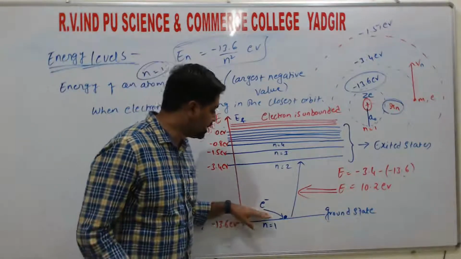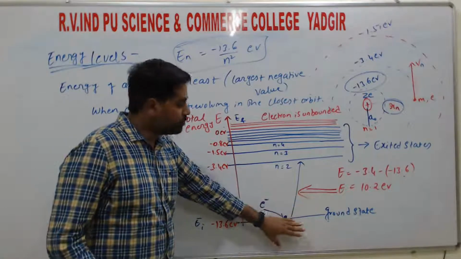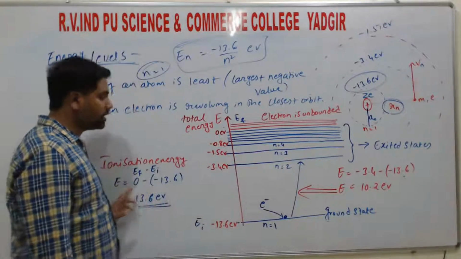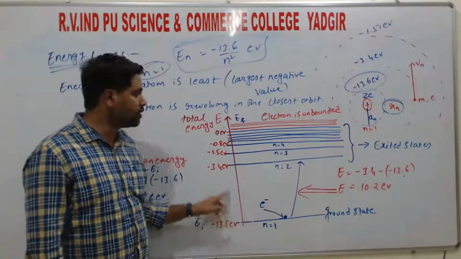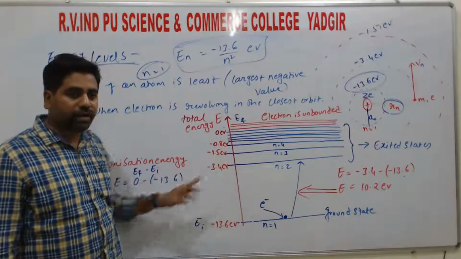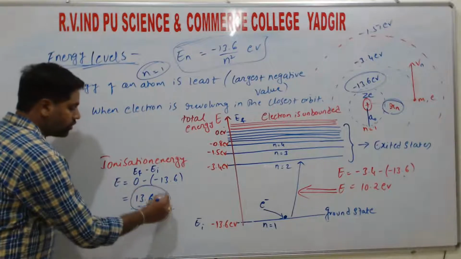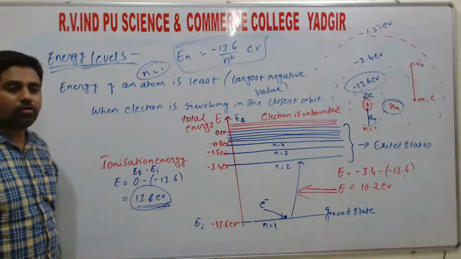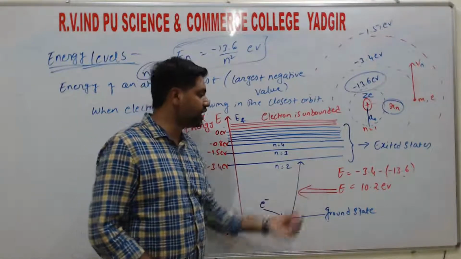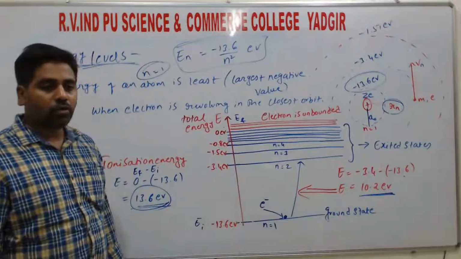So from this we can say minimum energy is required for the atom to jump from the ground state to the excited state. The minimum energy required for the electron to get out of the atom, that energy we call ionization energy. So the ionization energy of the hydrogen atom is 13.6 electron volt. If the electron needs to jump from the ground state to the first excited state, it needs 10.2 electron volt.